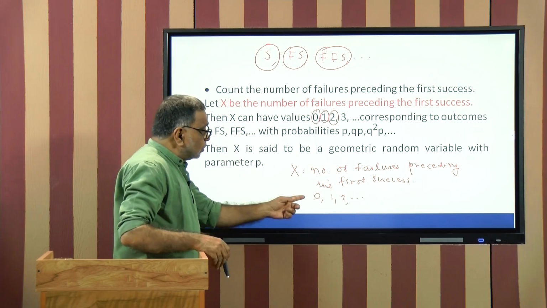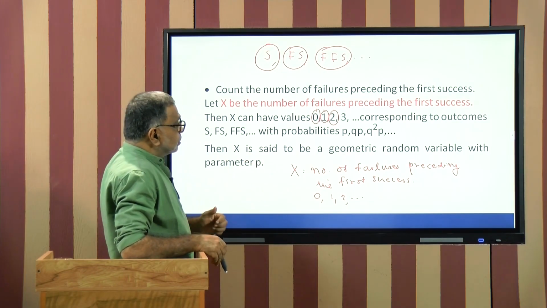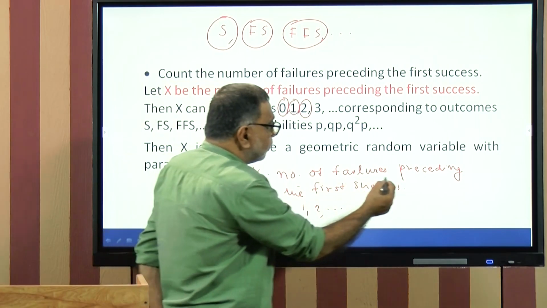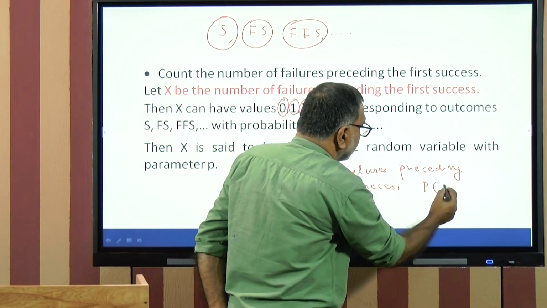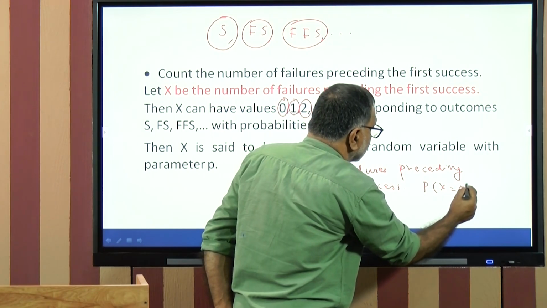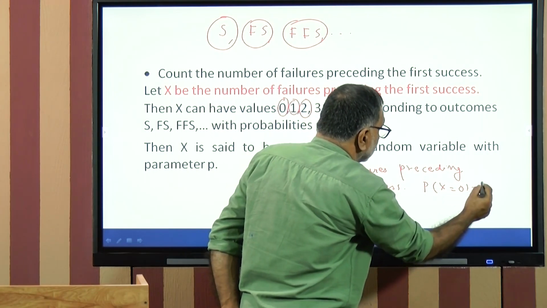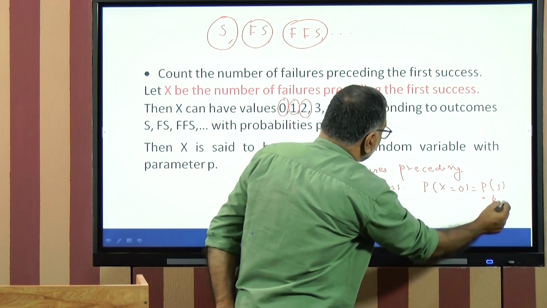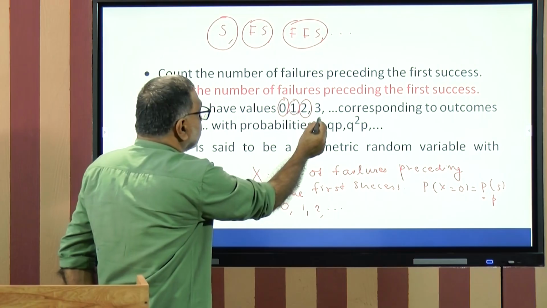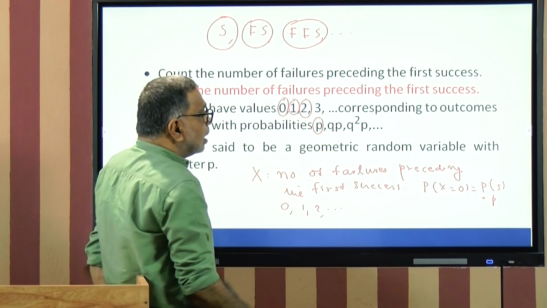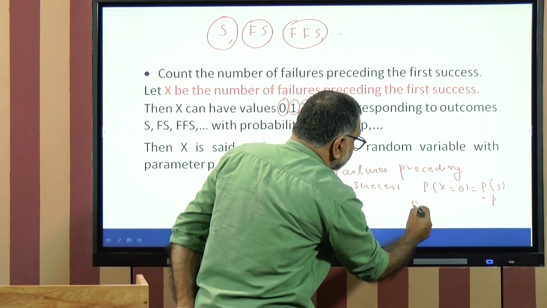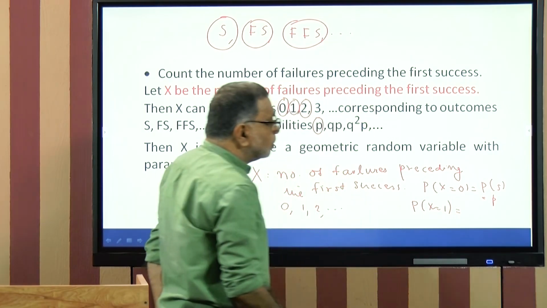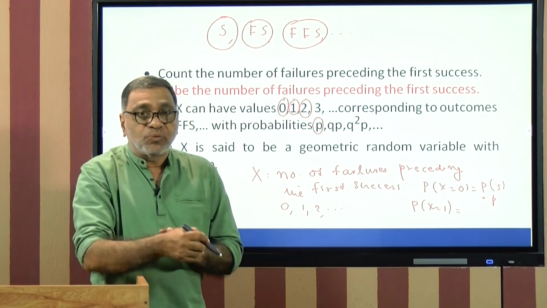Then corresponding to this, what are the probabilities? If X is equal to 0, what is the probability? Probability of X equal to 0 means the number of failures preceding the first success is 0. So, our event is S, so the probability is P. And for probability of X equal to 1, what is the meaning?